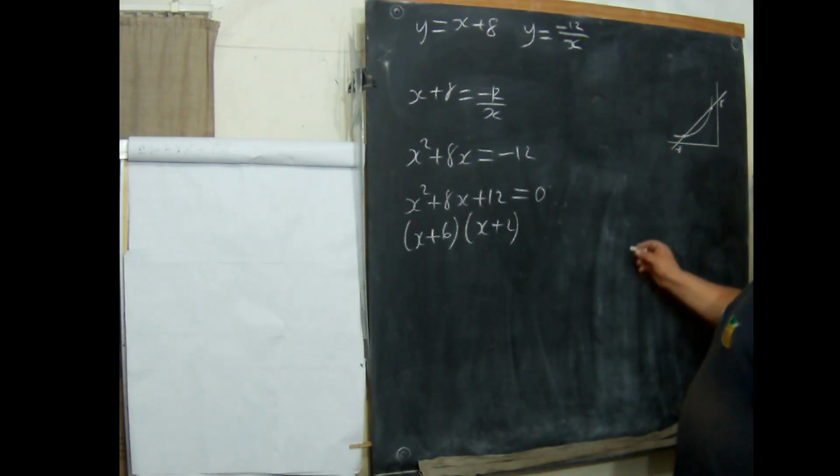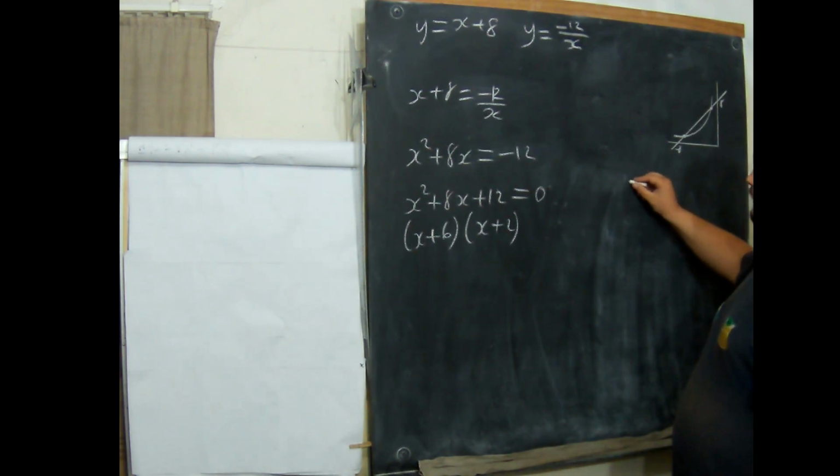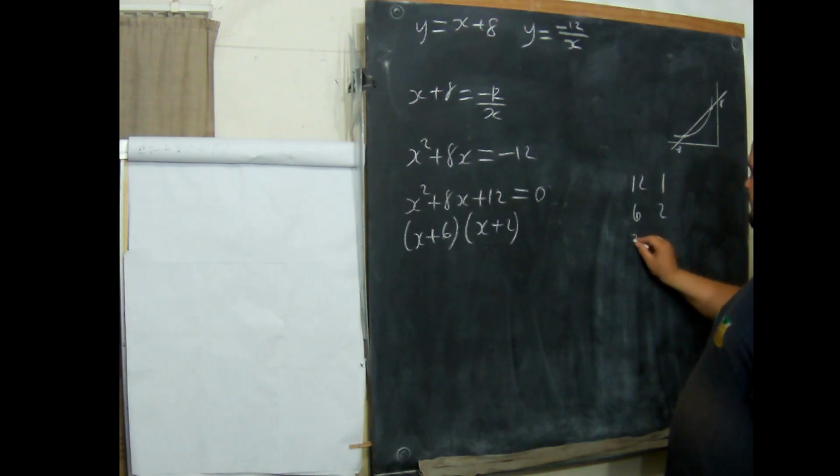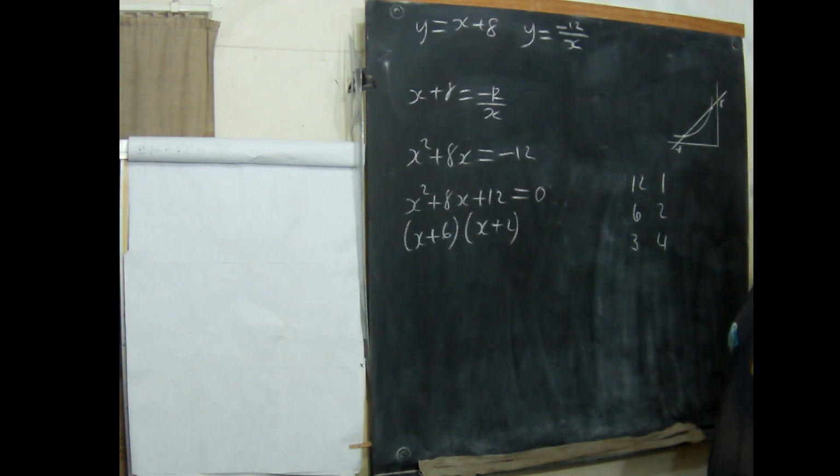Let's just do this quickly. What are the factors of 12? 12 and 1, 6 and 2, 3 and 4. That's it, there are 3 pairs of factors for 12.